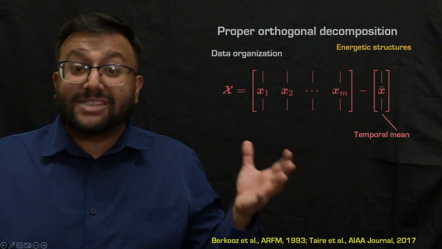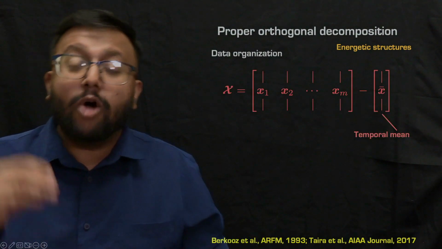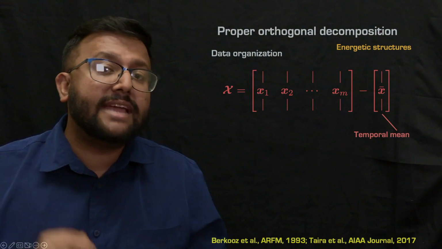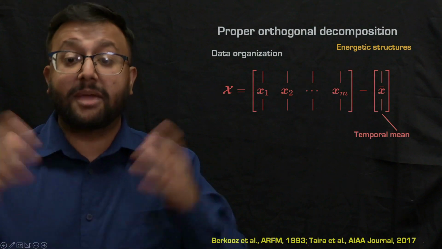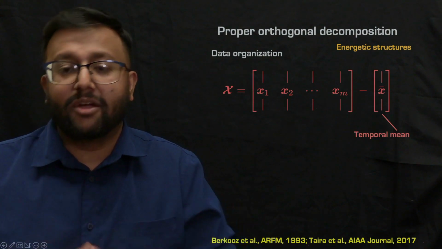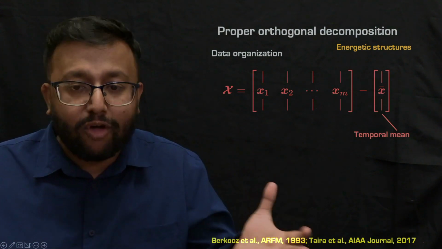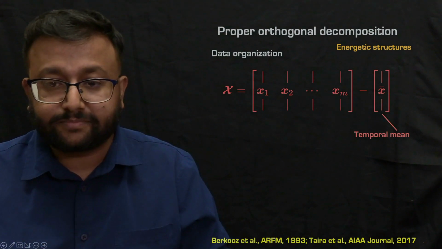So we have our stacked matrix X, but now what we do is we first create a new stacked matrix, mathcal X, by subtracting the temporal mean or the time averaged flow field from this stacked data.